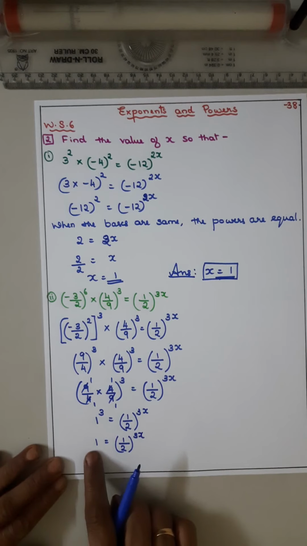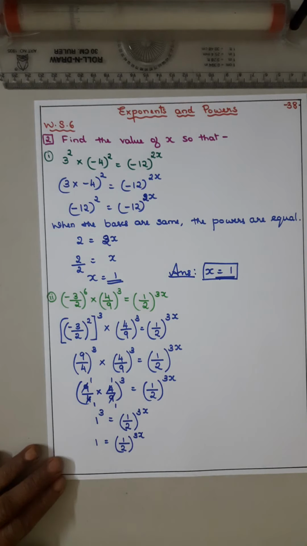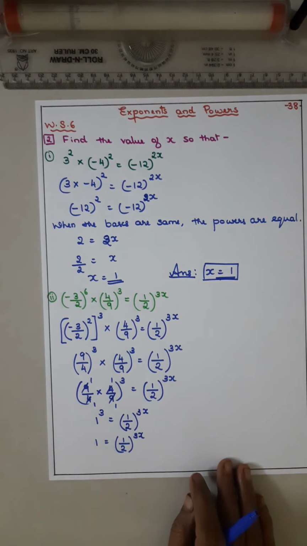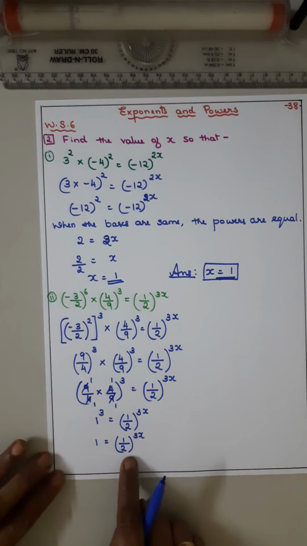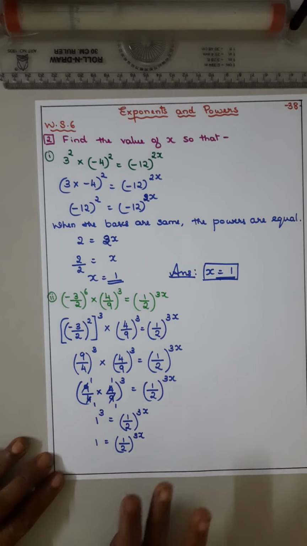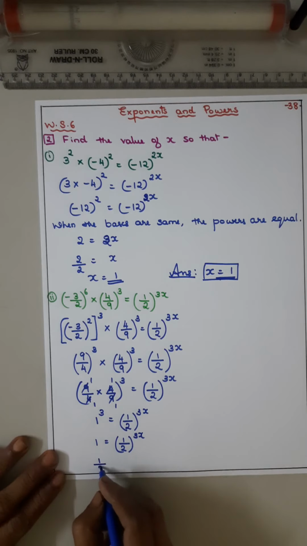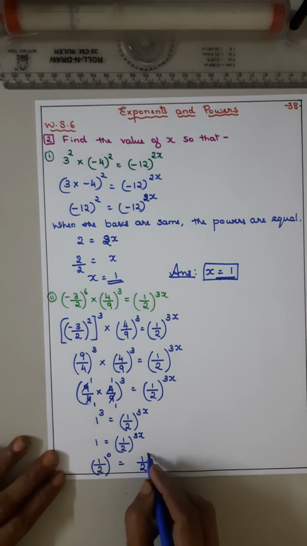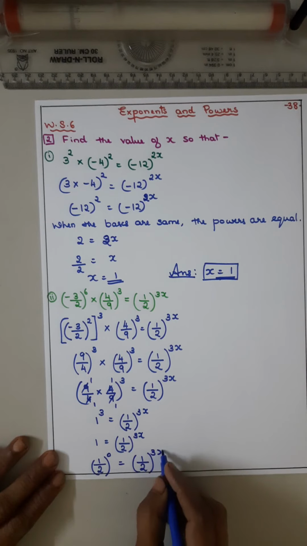Now 1 means what? Any base with the power 0 is 1. So here the base is how much? Half. So you make this base also half. So half raised to the power 0 is equal to half raised to the power 3x.